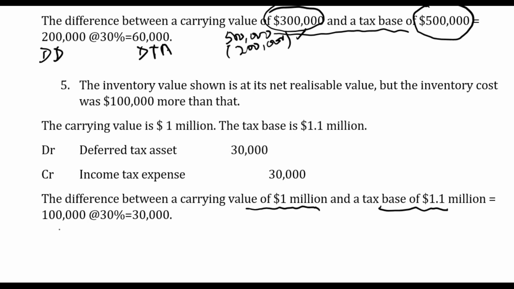So the cost base is 1.1 million, and that is the tax base. So it's an asset, and the difference is where the carrying value is less. So this is a deductible difference. Applying the tax rate gives us the deferred tax asset. So we debit deferred tax asset and credit income tax expense.